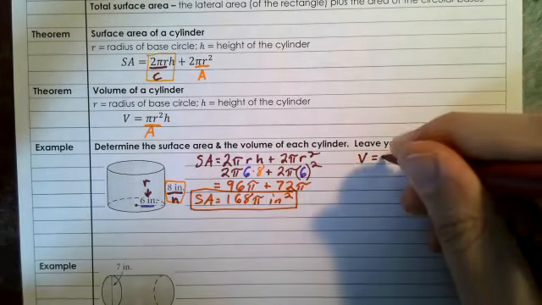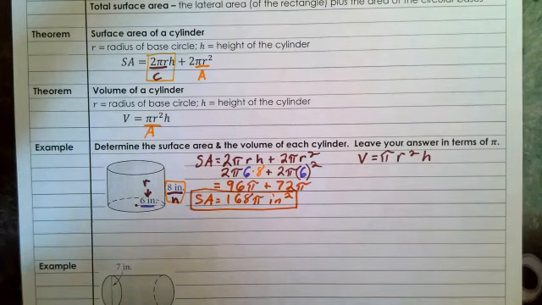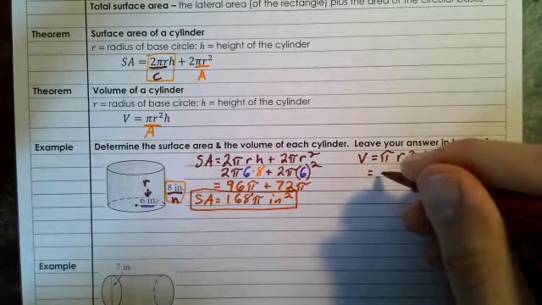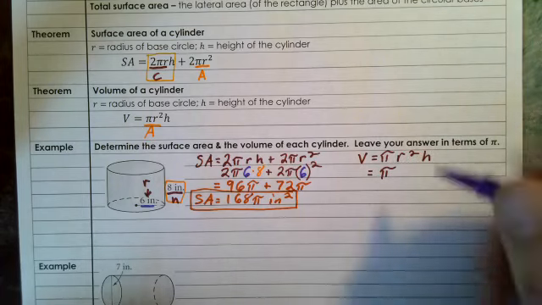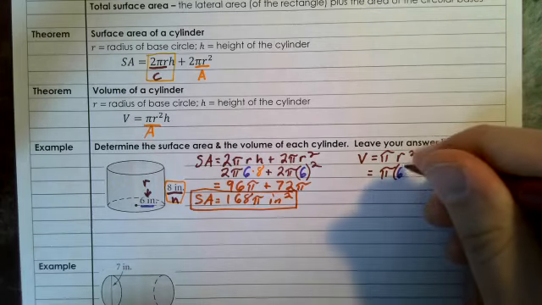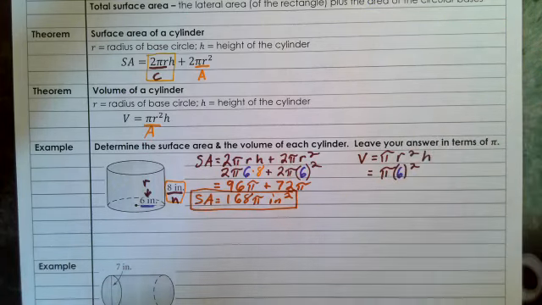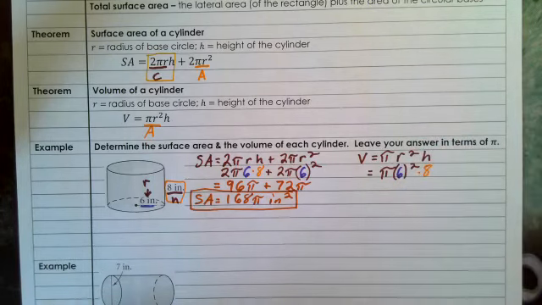For our volume, it's going to follow a similar process, but even faster, pi r squared h. So our volume equals pi, and then whatever our radius is, in this case 6, we've got to square that 6, and then multiply it by our height, which is 8. So again, just simplify that down, and we've got our answer.